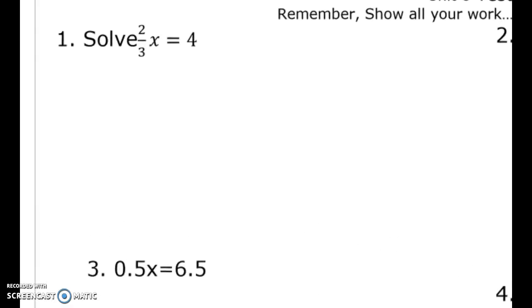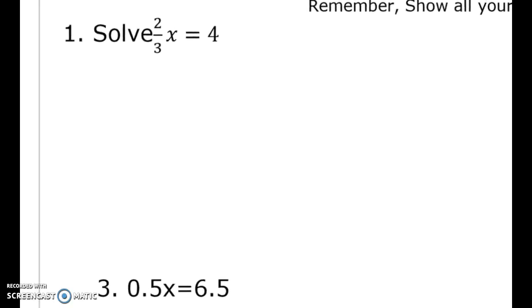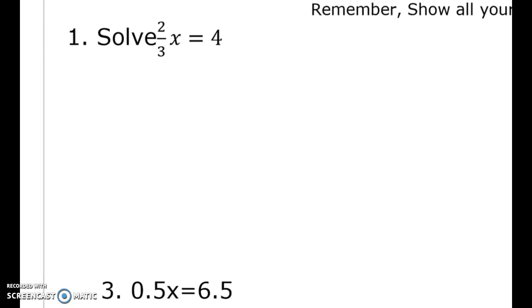Question number 1 is pretty difficult because it is a question of a fraction as coefficient. So what do we do? We copy the question down.